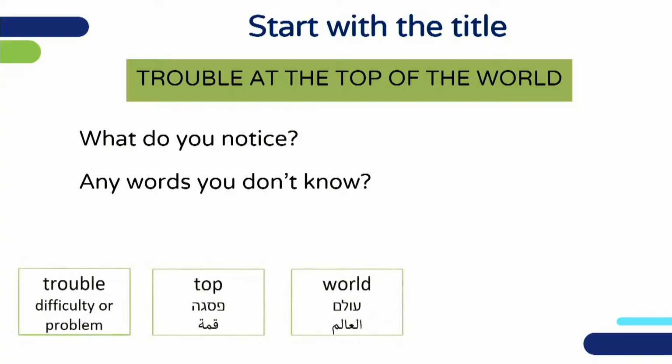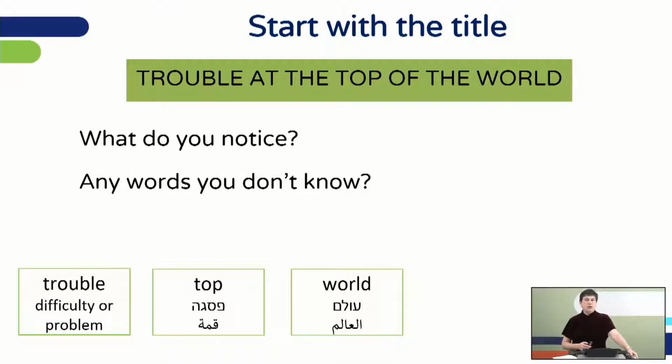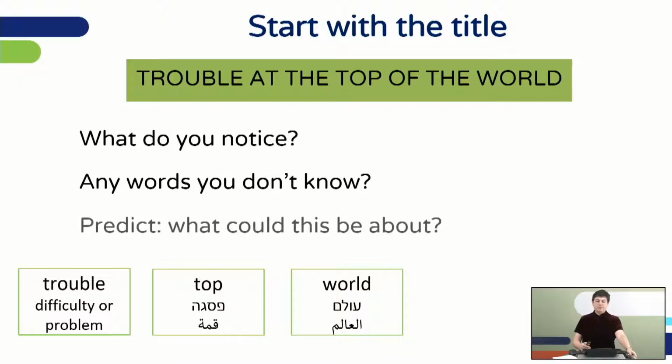We want to read the first question and read the first paragraph before we look up words we don't know from the title. I'll give them to you here just in case, but when you're sitting for your Bagrut, you can leave uncertainty from the title to look at a little bit later.